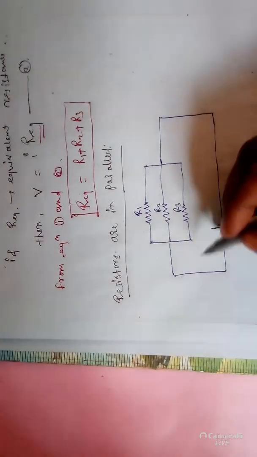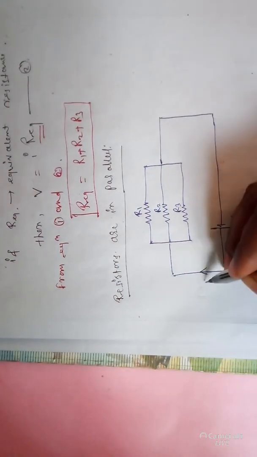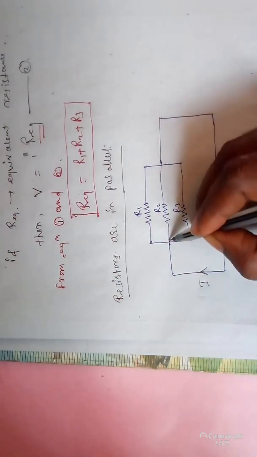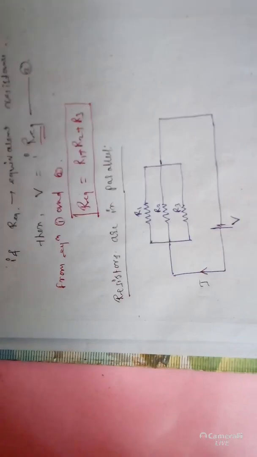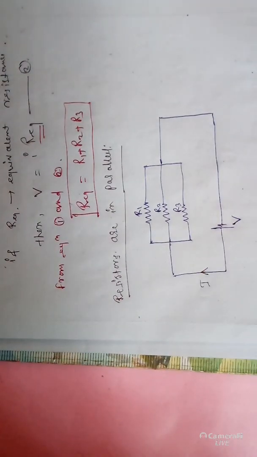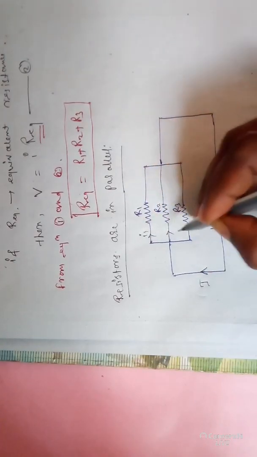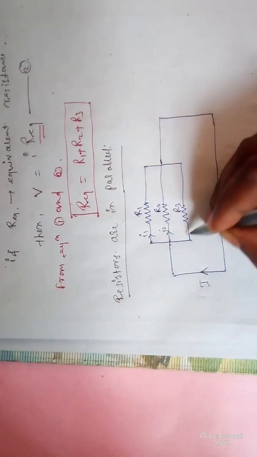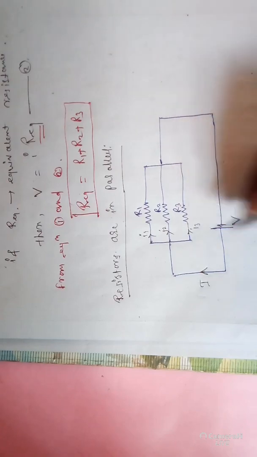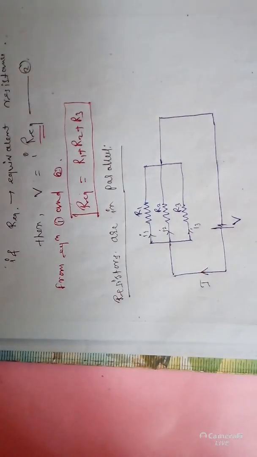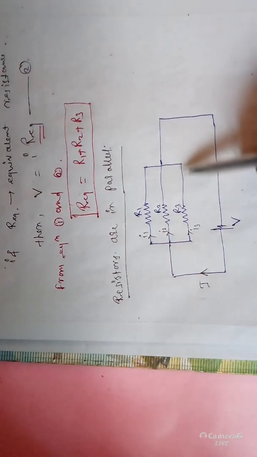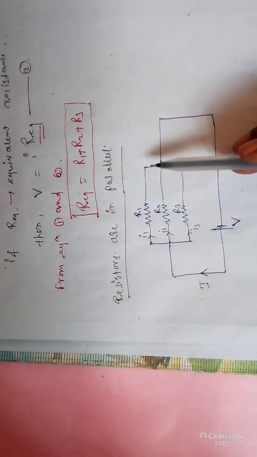Now whatever the current is from this battery, I, this current will be divided into three parts, not equally. That will depend on the value of resistance. Let the current through this path be I1, the current through this path be I2, the current through this path be I3. But as they are connected in parallel, the potential drop across all the resistors is the same.